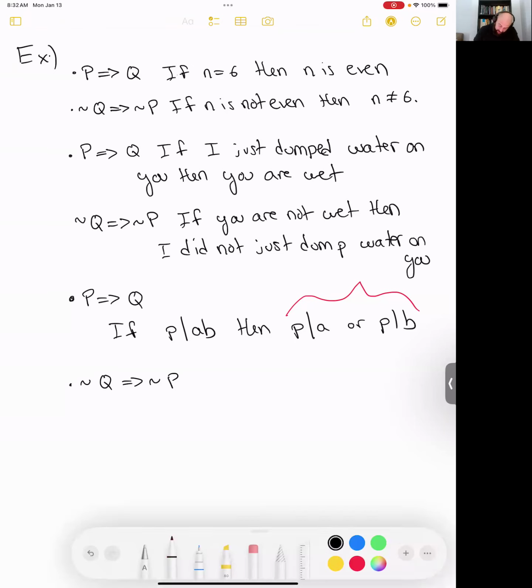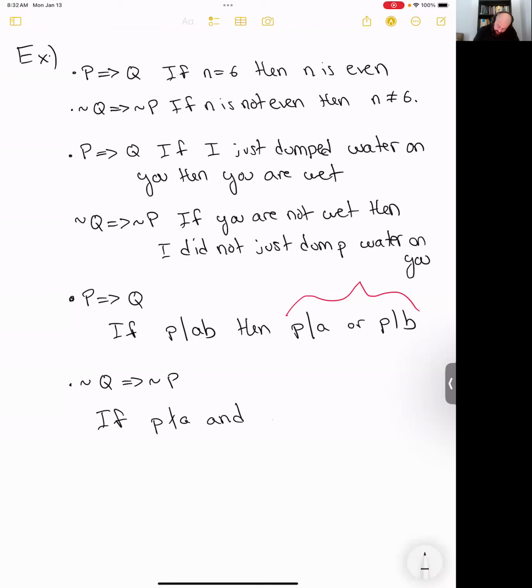So the contrapositive is if P does not divide A and P does not divide B, then P does not divide the product, right? So that's very important to make sure that they're equivalent statements, that you take care of the or properly when you not it. So now they are equivalent, but if you messed up part of that, you would get something that is not logically equivalent, and that would cause problems.